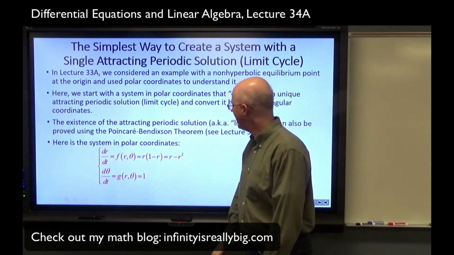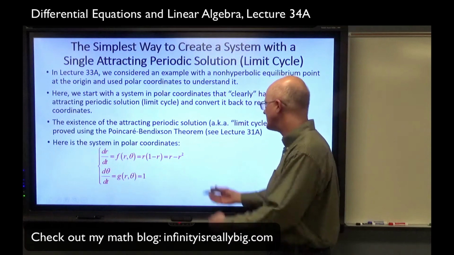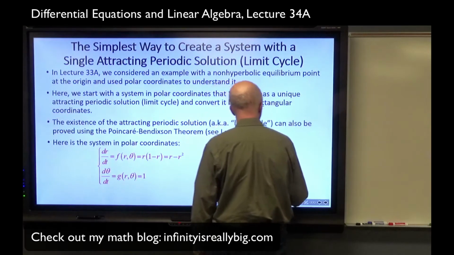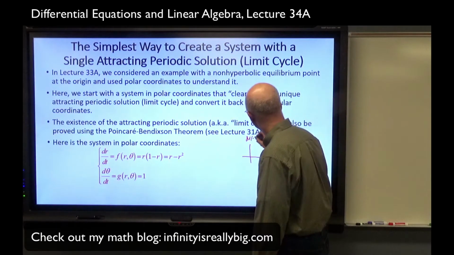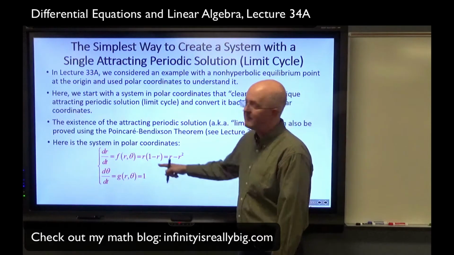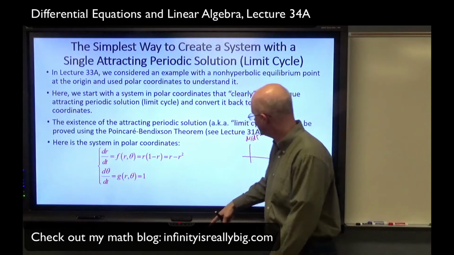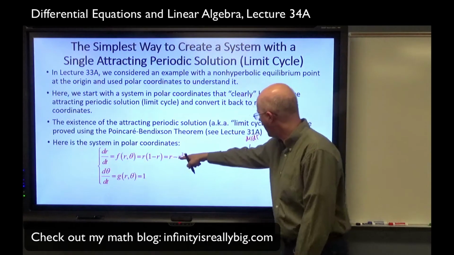What about the dr/dt equation? If you think about the graph of this right-hand side function, which doesn't depend on theta, think of it as a function of r. When r is positive, we don't want to think about when r is negative here in polar coordinates, at least in this simple kind of situation. We've got r times (1 minus r), or r minus r squared.